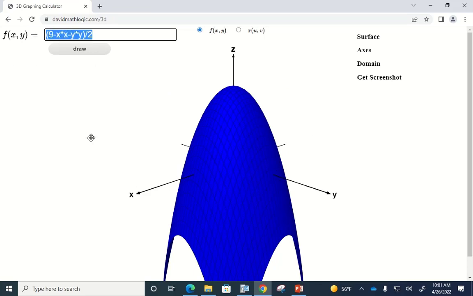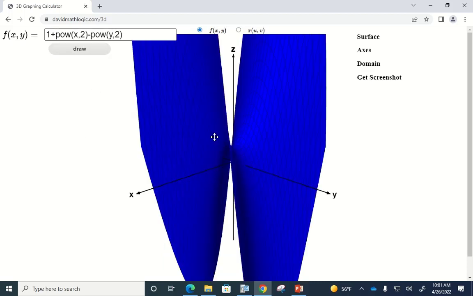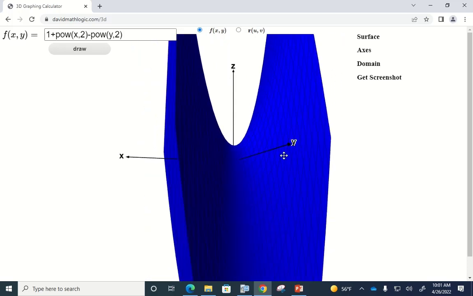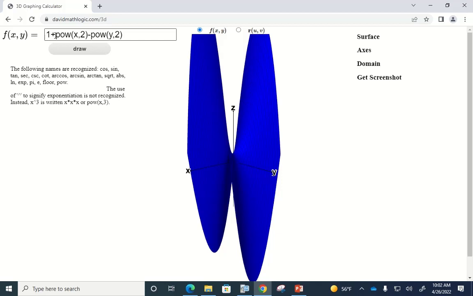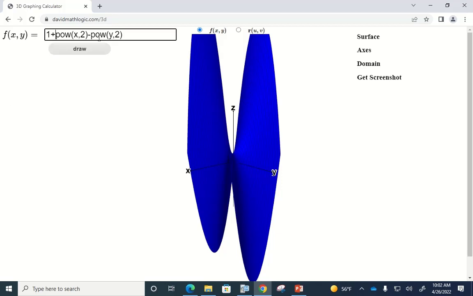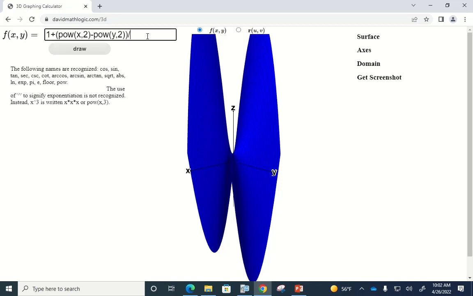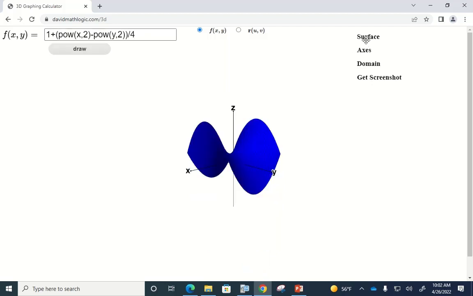This is what I tried to show you guys on Thursday, and it wasn't working. But let me do 1 plus x squared minus y squared. Let's see what happens. Okay, so that's a little bit obnoxiously tall. Let me scale this down by like a factor of 4. There we go.